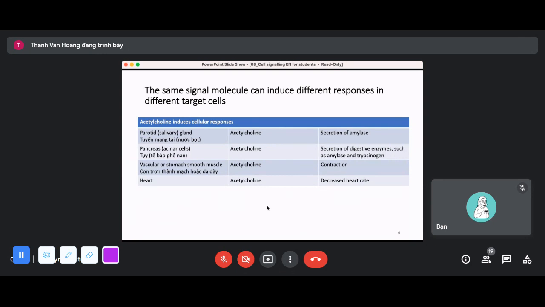Here, when we eat, the food should be digested, right? And in the stomach, muscles contract to make the food smaller.